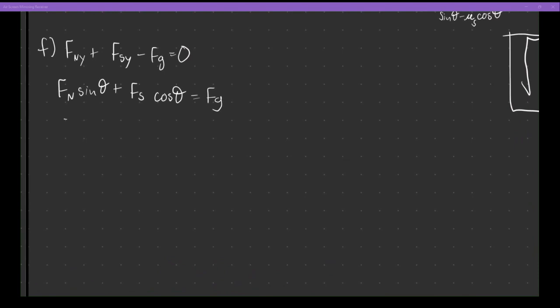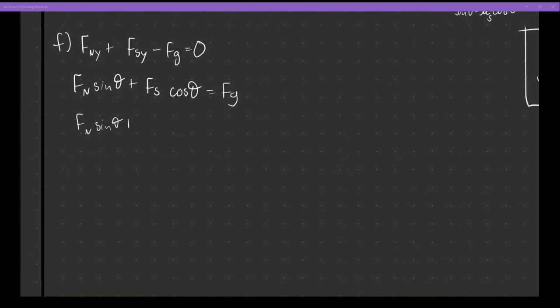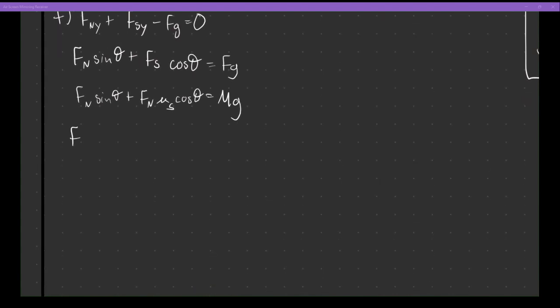So f of n sine theta plus f of n mu s cosine of theta equals mg. Pull out f of n. Now it's sine theta plus mu s cosine theta equals mg. Divide that over.